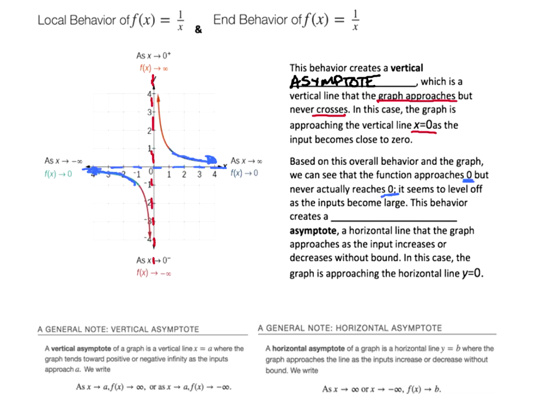It seems to level off as the inputs become very, very large or very, very small. We approach that horizontal line, y equals 0. This creates a horizontal asymptote.